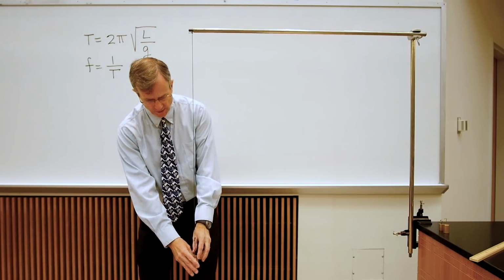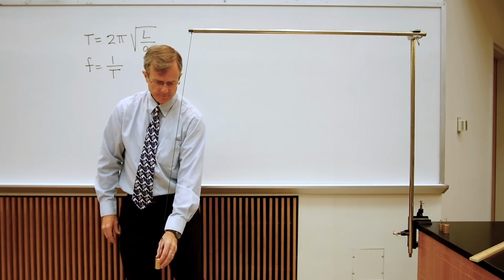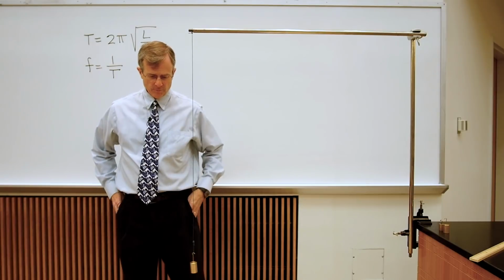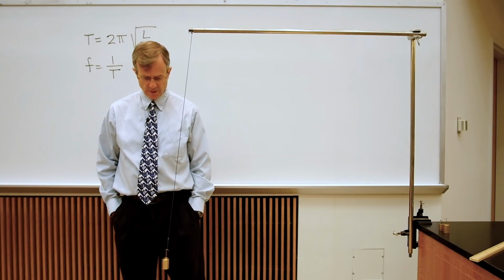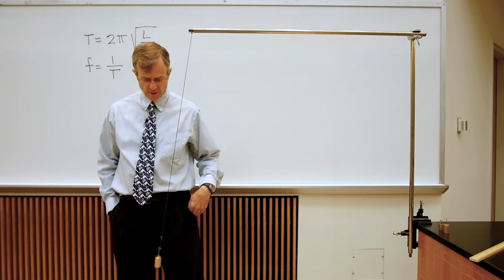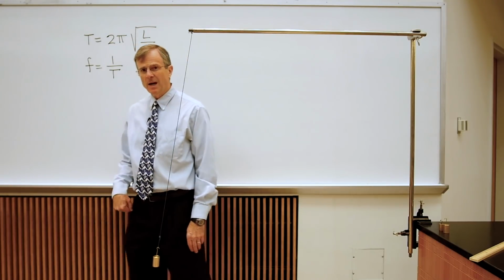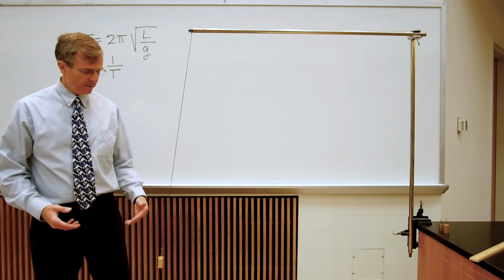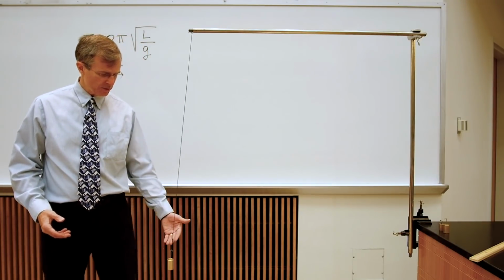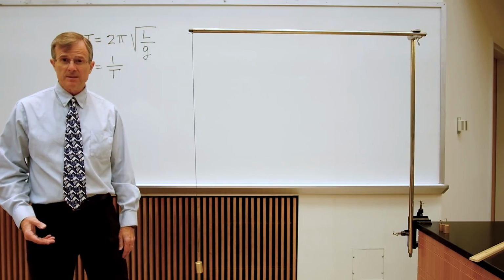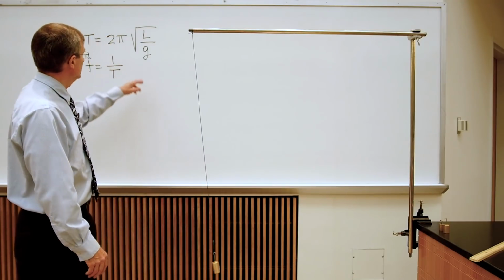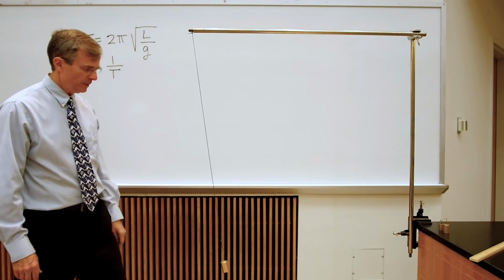And let's increase the length then. So the period is now longer. The time for one complete oscillation is longer. It looks to be 2 or 3 seconds instead of roughly about 1 second. And that's consistent with the equation here.